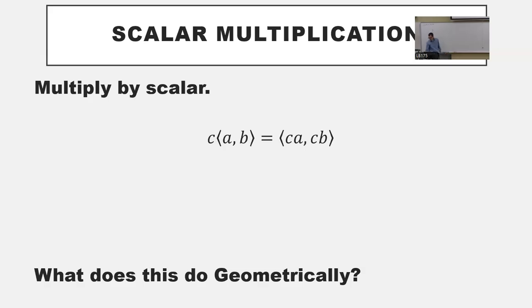Okay. One other operation that we're going to use is called scalar multiplication. When you multiply a vector by a scalar, you just multiply each component by that value. Okay, so usually this is a real number.